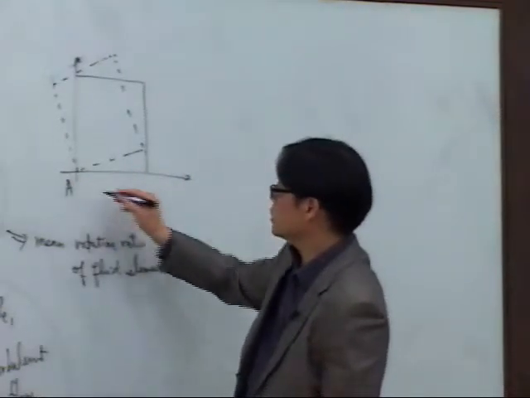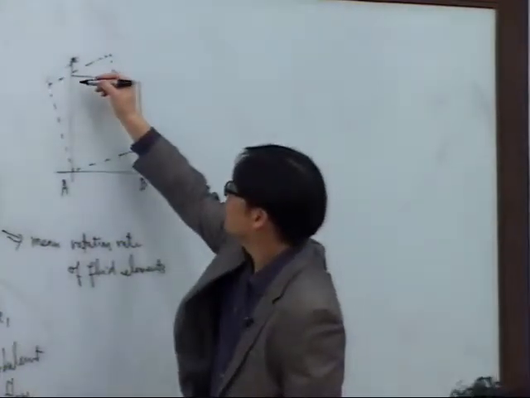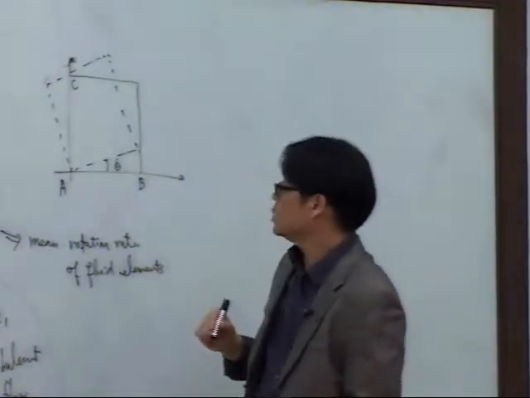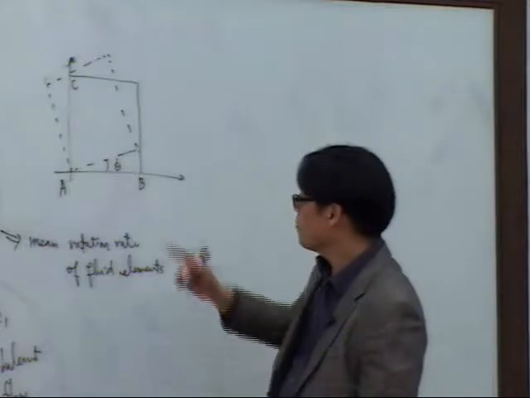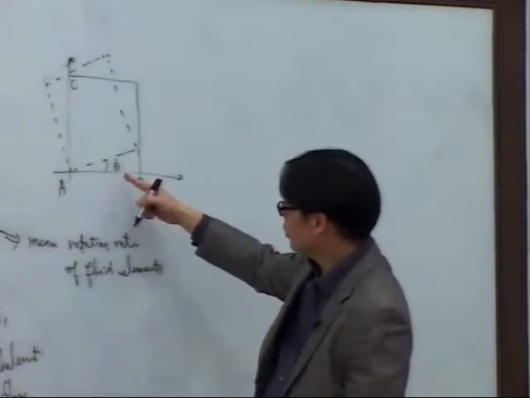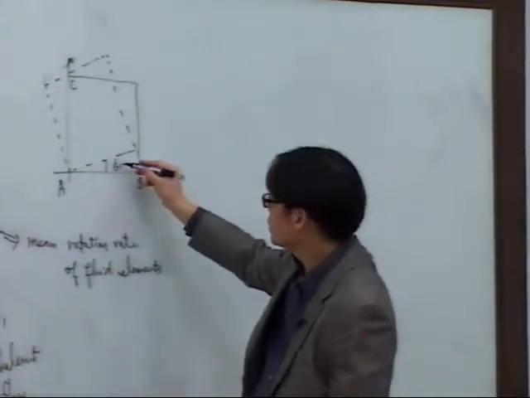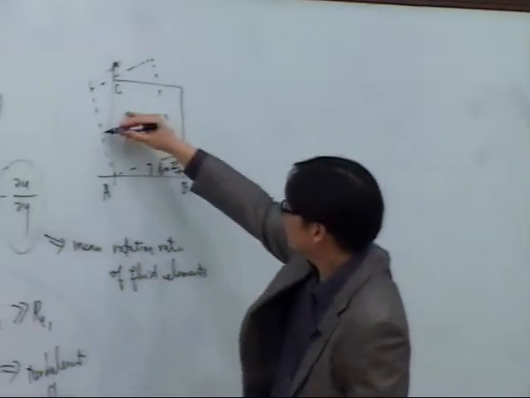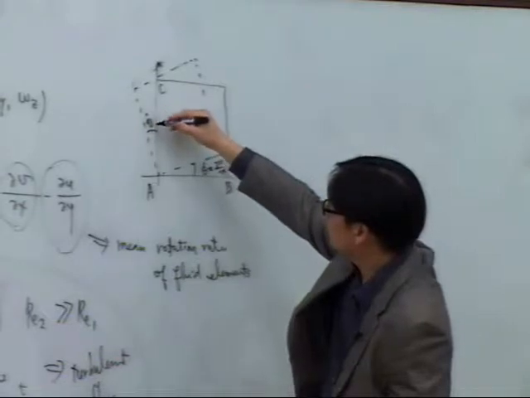So if you call this A, B, and C, and this is the rotation rate or angular speed, which is dv/dx basically, this is theta dot of AC.